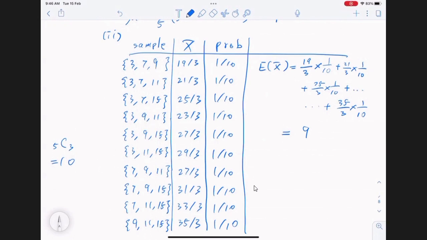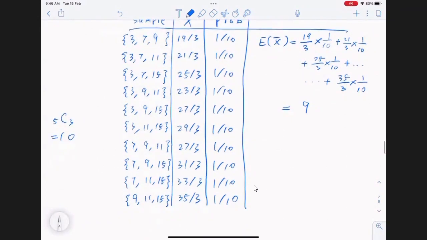And we can also compute the variance based on these numbers. To compute the variance, as I mentioned before, the first intermediate step is to find the expectation of the square of the value.